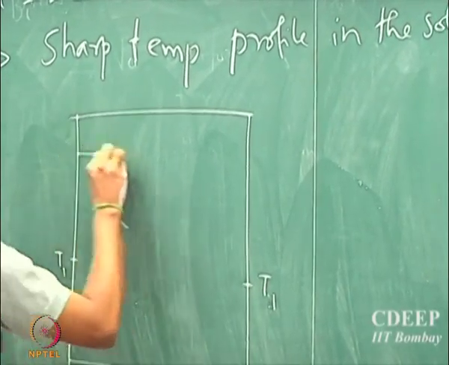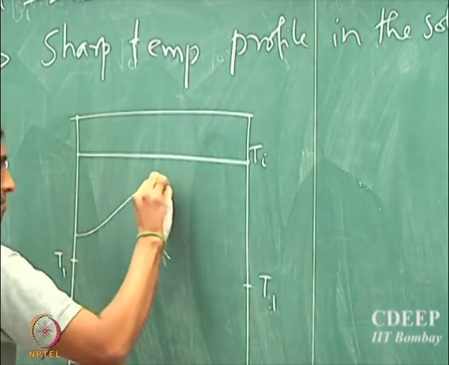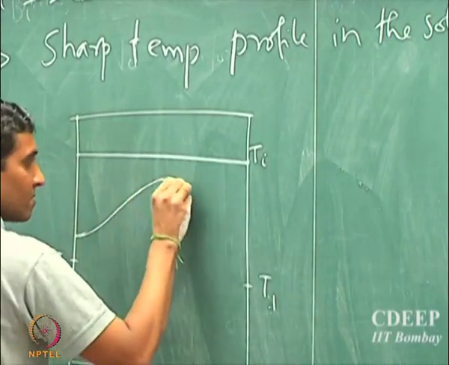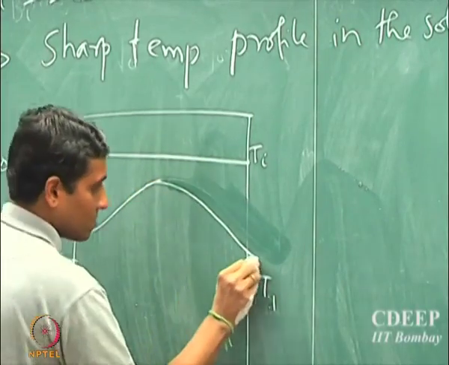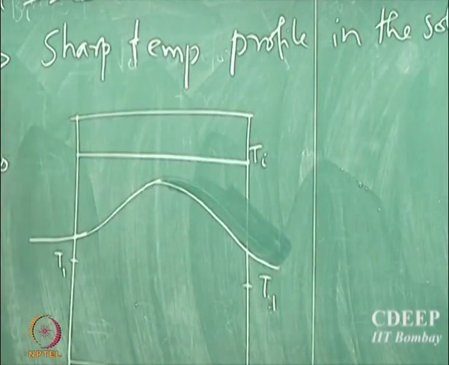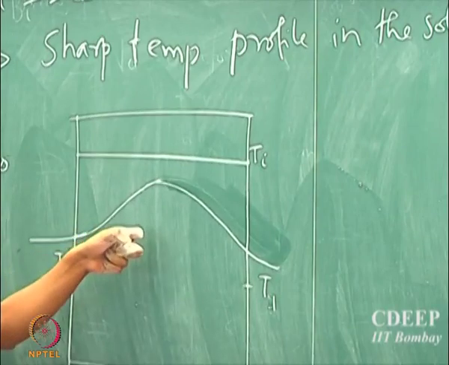And supposing Ti is the initial temperature at which the solid is being exposed to the surrounding fluid, and let us say the temperature here is T infinity, then as time passes by, because the Biot number is much larger than 1 and the resistance to conduction is much larger than the resistance to convection at the boundary, you would expect that the gradient outside the solid is going to be much smaller than the gradient inside the solid.